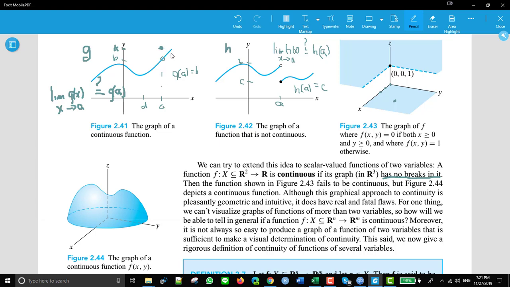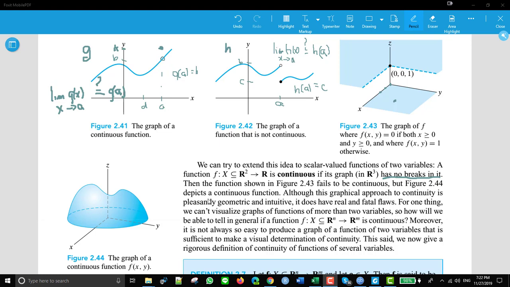So that gives us the idea for continuity in terms of limits. The idea is that the limit has to exist and it has to be equal to the value of the function at the point a. So with this definition, we can easily extend our concept of continuity to functions from Rn to Rm.